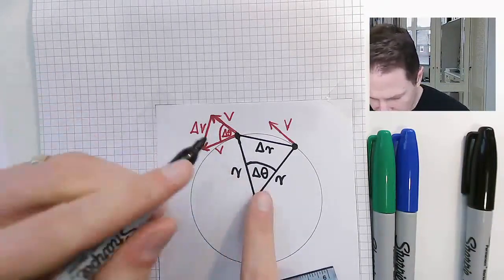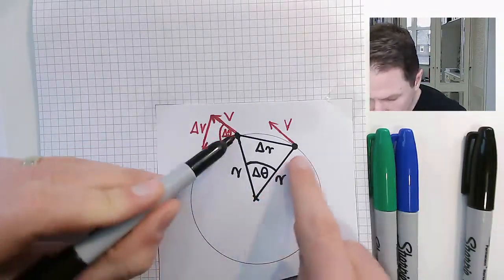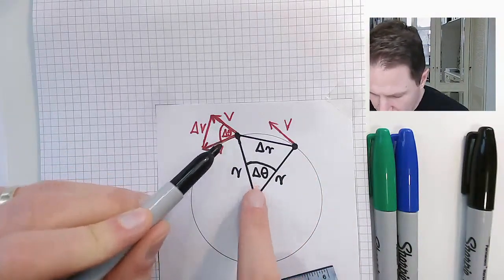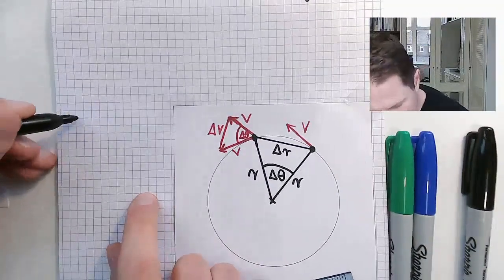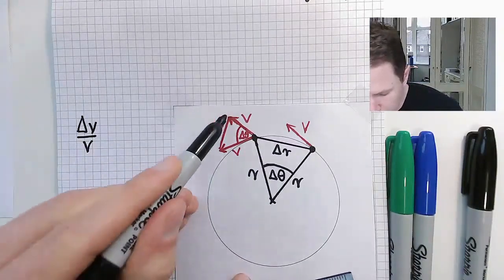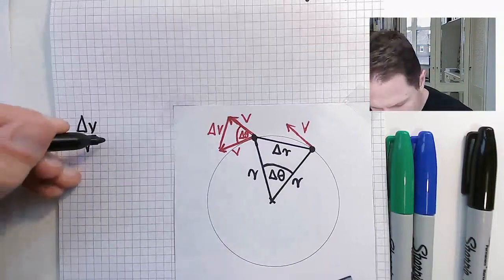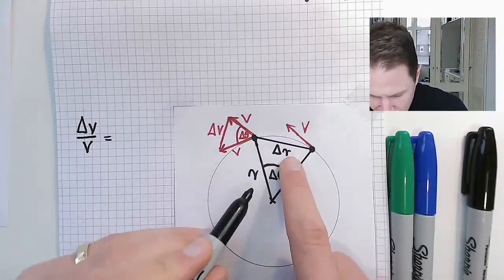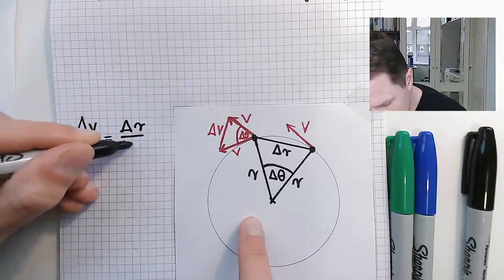Since they are both isosceles triangles with the same angle at the apex, what we have here is delta v over v. So the base of this triangle and one of the legs has the same ratio as the same quantities in this triangle, so that's delta r over r.